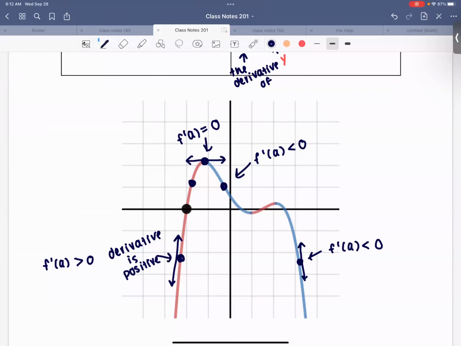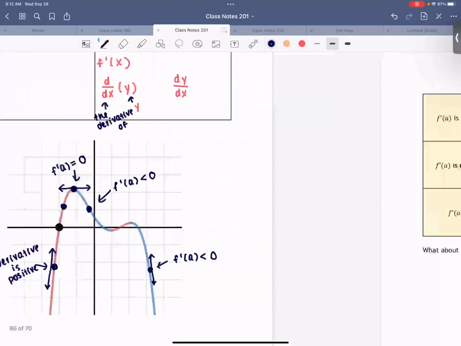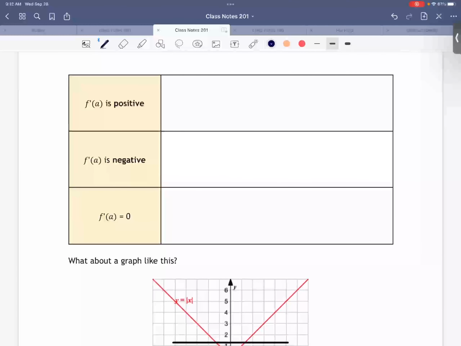Okay. Now I know I drew a lot on this graph, so let's just organize this in a table. I like tables because they organize everything. So f prime of a means the derivative, right? So this is the derivative at a specific point, okay? And when the derivative is positive, this corresponds with our graph being increasing at that point.